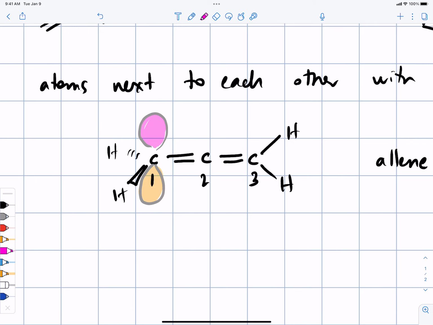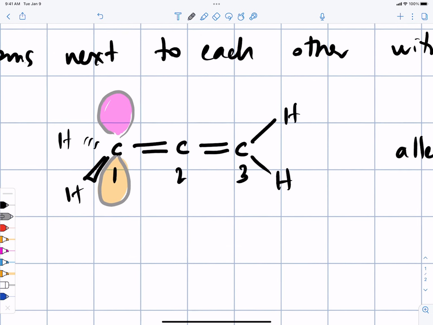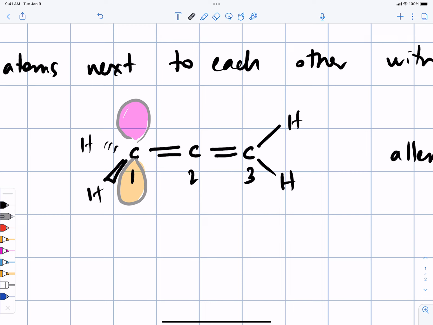And you mentioned that carbon 3 is also sp2 hybridized, but in this case, the carbon-hydrogen bonds and the carbon-carbon bond are all trigonal planar, but in the plane of the page as it's drawn here, which means that the p orbital on carbon 3 would be coming out towards you with a node in the page and then going back into the page with a switch in wave function sign.